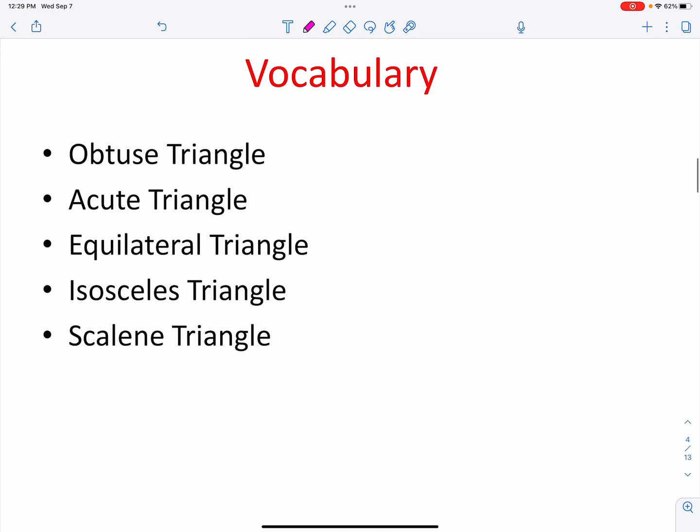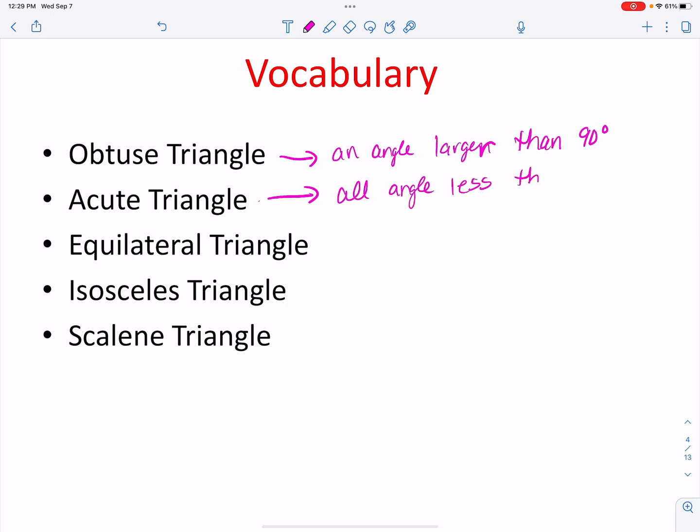Okay? So if you look at your vocabulary, let's go over this. An obtuse triangle has an angle that's larger than 90 degrees. An acute is when all angles are less than 90 degrees.